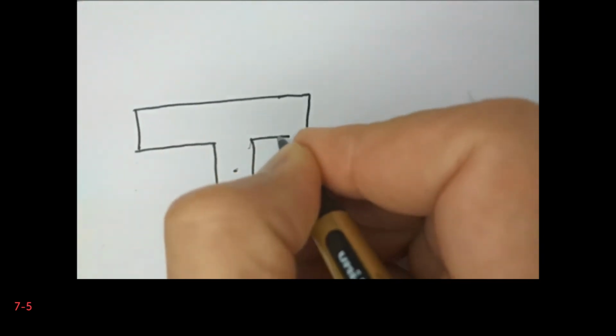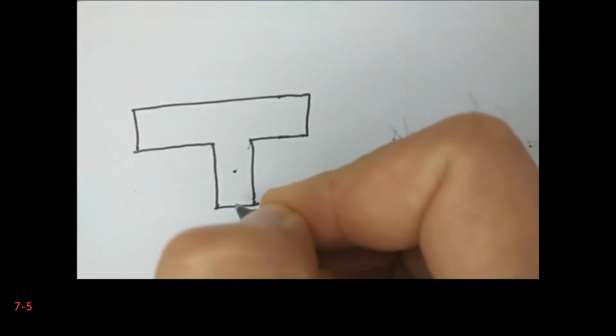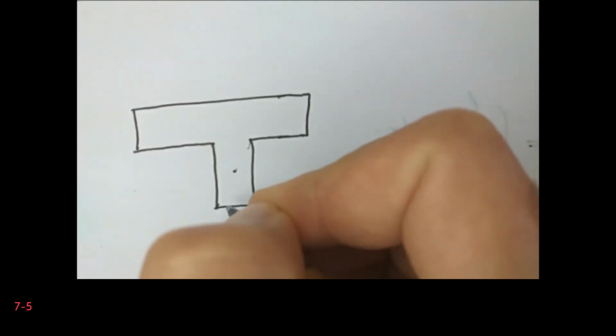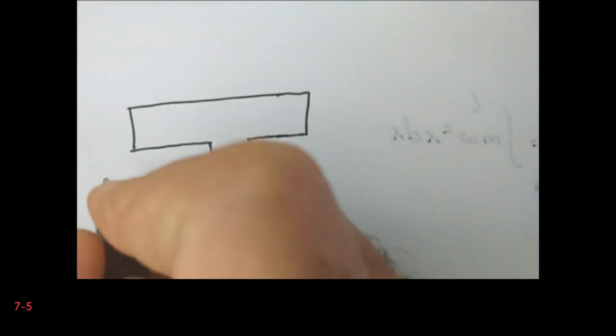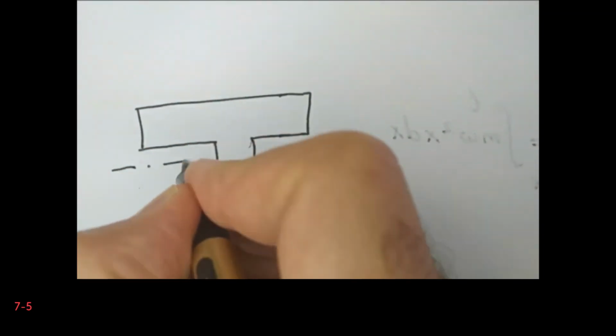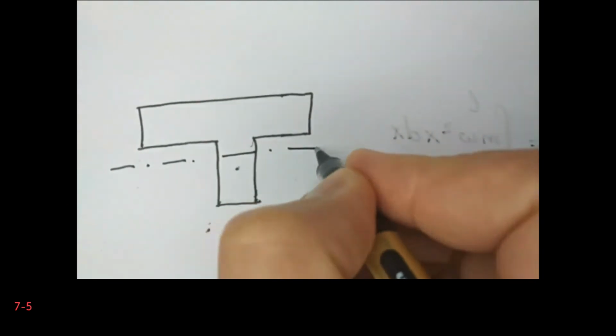Now, in fact, it's not symmetric with respect to the horizontal axis. Therefore, we need to find the position of the neutral axis. This is what we need to do.